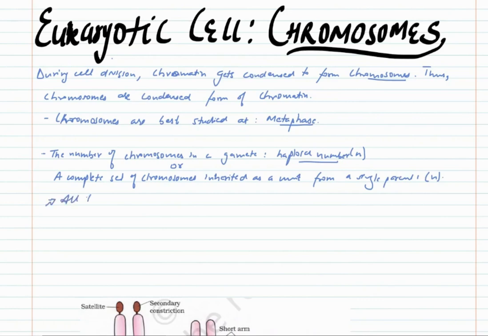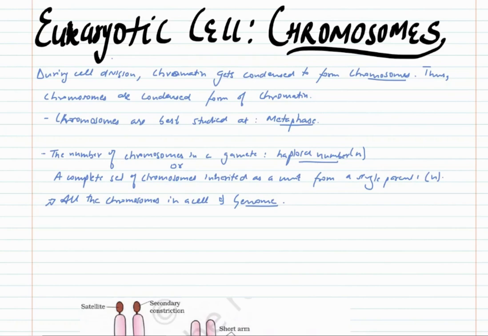All the chromosomes in a cell in their entirety are referred to as genome. Different species have different number of chromosomes, and the number of chromosomes, they are specific for each species.